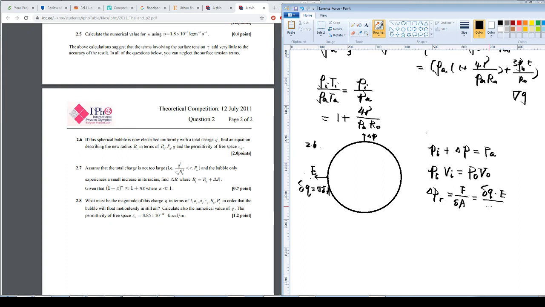Okay, so it must be sigma E, sigma being the surface charge density. R1. I think they're using 1. Okay.